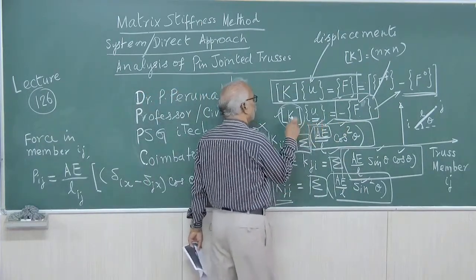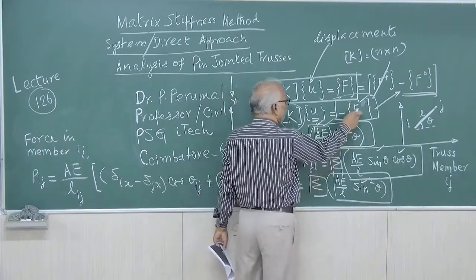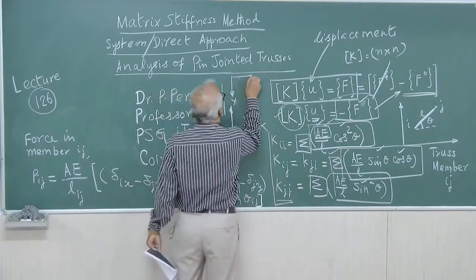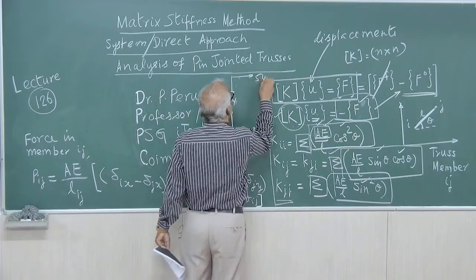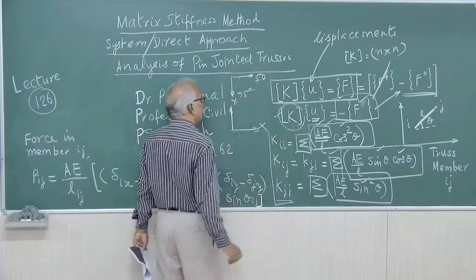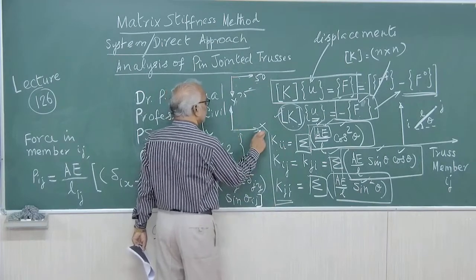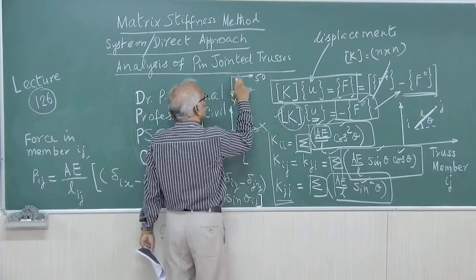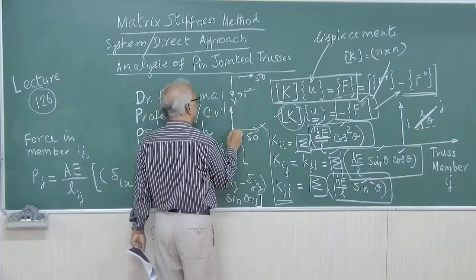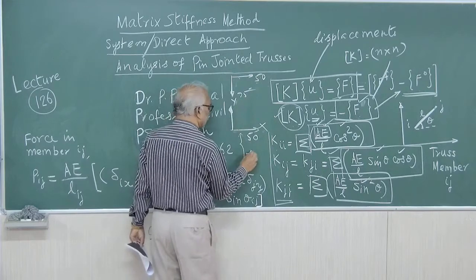Once you find out the K values using these formulas, and F values from the given loads, the truss may be consisting of loads say 50 and 75. That means the force vector will be, in the x direction, 50, and the y axis is upwards, the force is downwards, so this is minus 75.